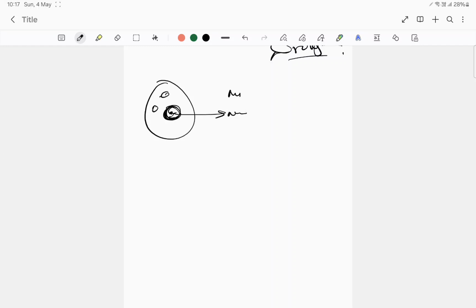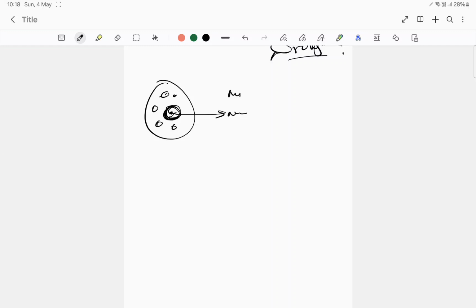Then there is the DNA present in the cytoplasm. You may get one question: what DNA is present inside the cytoplasm? Yes, some organelles like mitochondria and chloroplast, which are present inside the cytoplasm, have their own DNA, so they are semi-autonomous bodies.